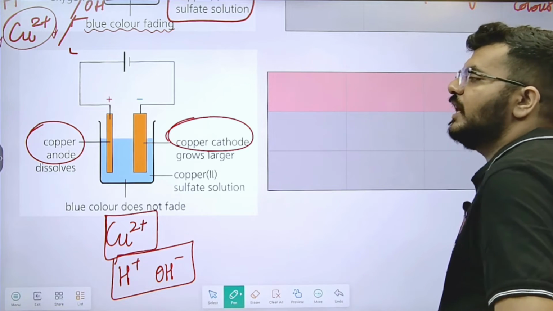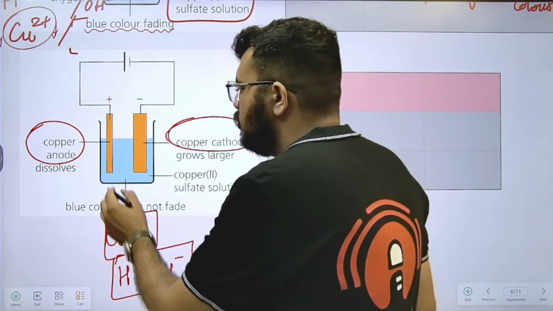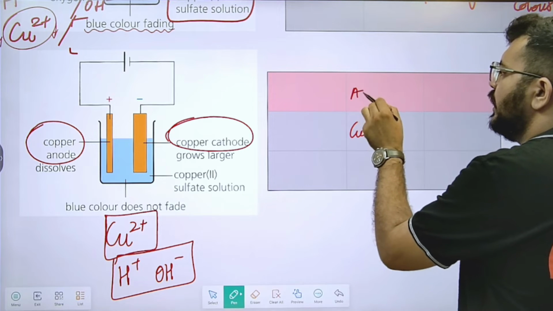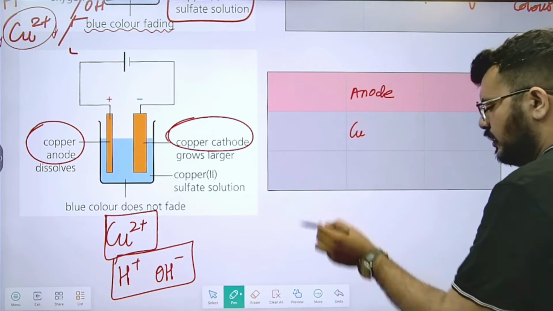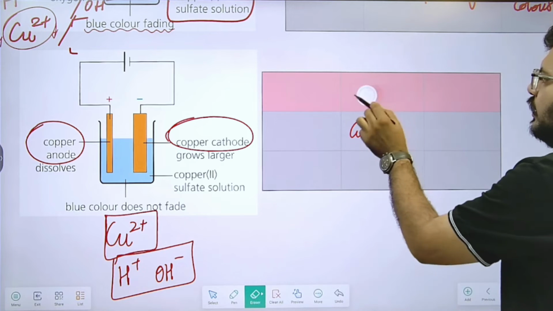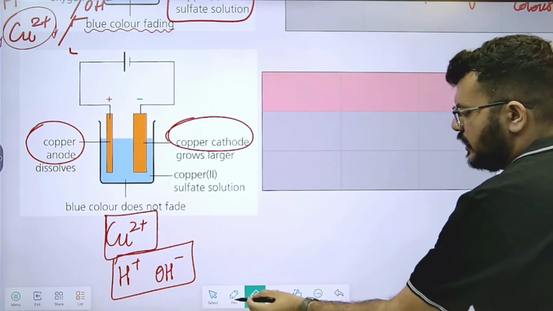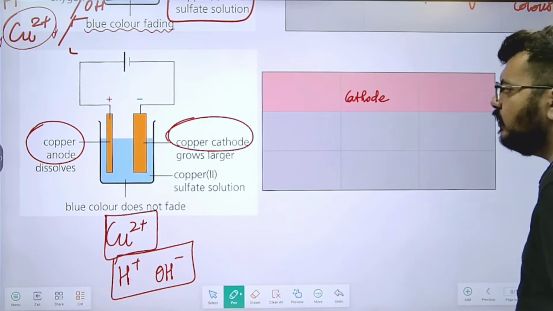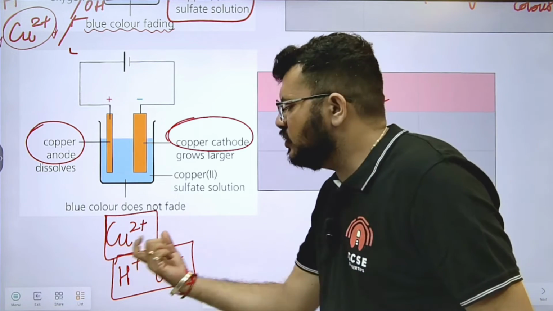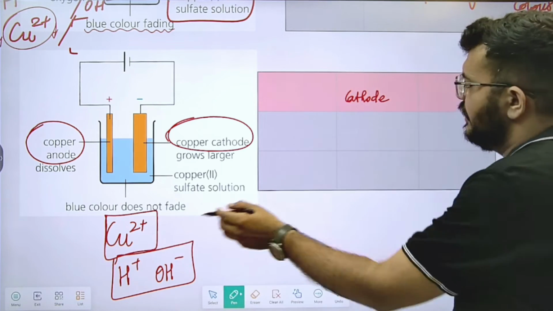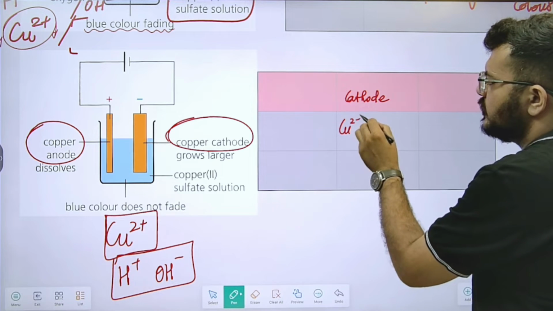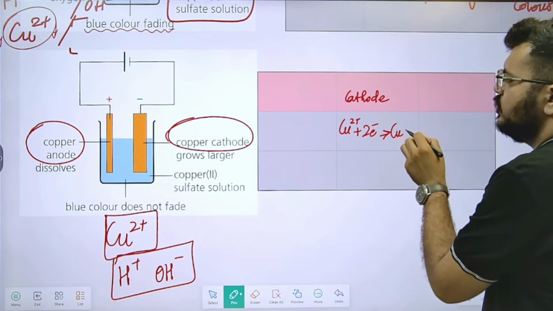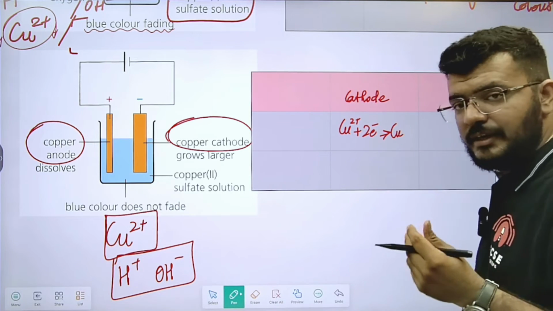Now what happens at the anode? Let's keep it simple as always, and let's start from the cathode. What will happen at cathode? We have Cu2 plus ions in the solution and H plus. Obviously Cu2 plus will accept 2 electrons and become Cu metal, right?